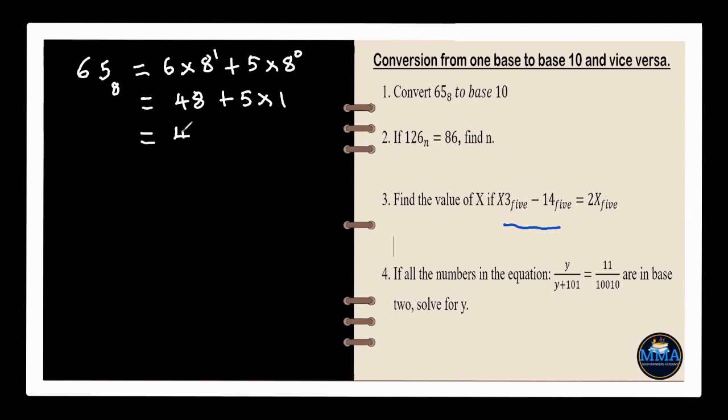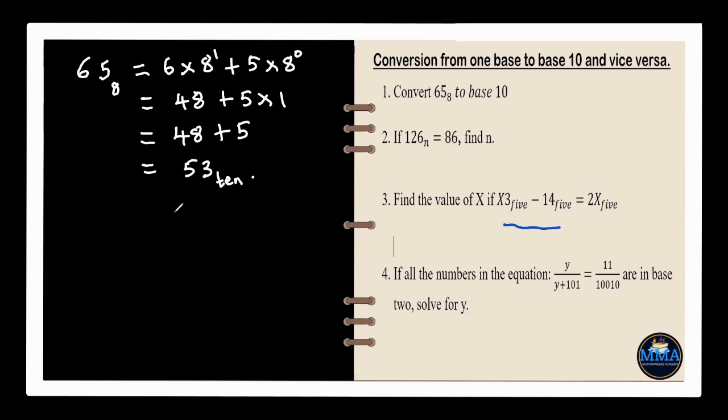This is 48 plus 5. And then 48 plus 5 is going to give us 53. So 65 in base 8, when we convert to base 10, is going to give us 53 base 10.